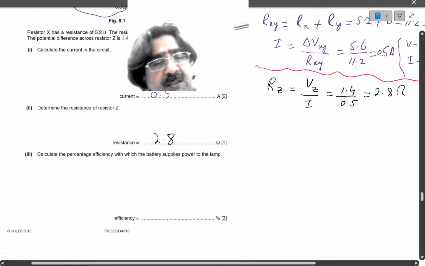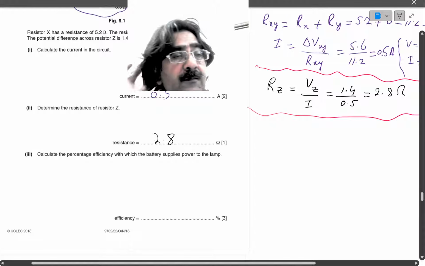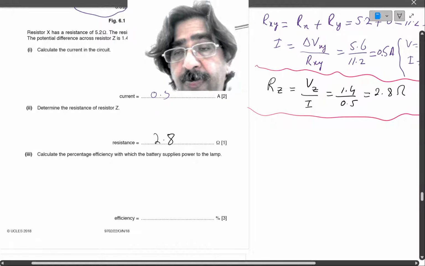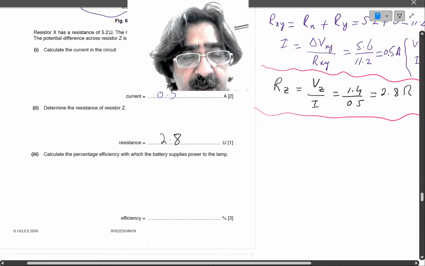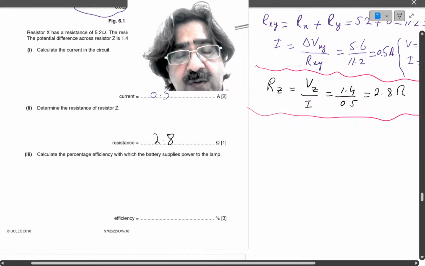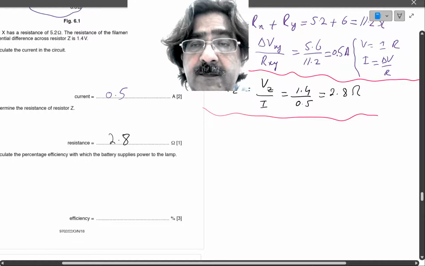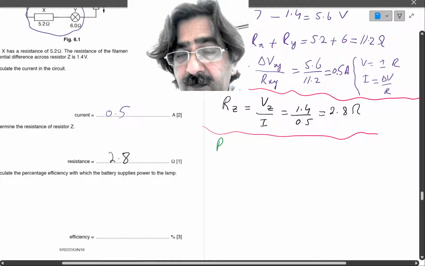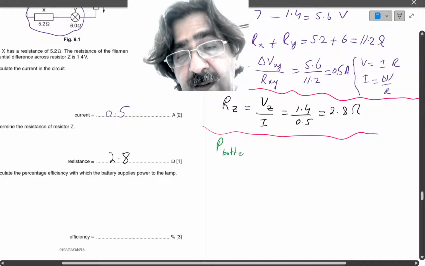Calculate the percentage efficiency with which the battery supplies the power. We have to calculate the percentage, so firstly we have to find the power supplied by the battery and the power supplied to the lamp. First we find the battery power.